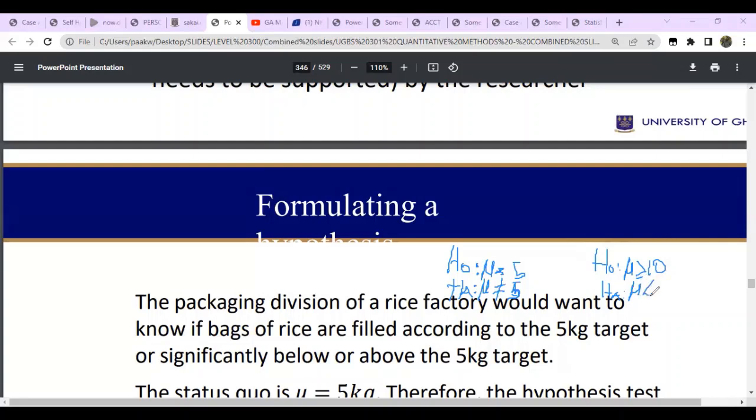So it will say that it's greater than the number 10. So this is how you formulate your hypothesis.